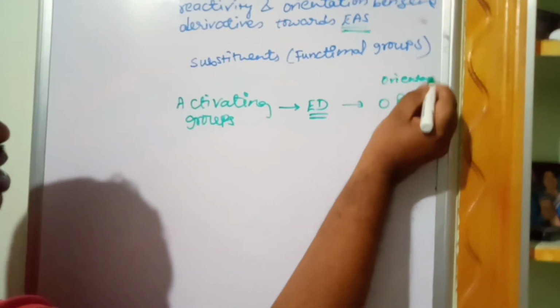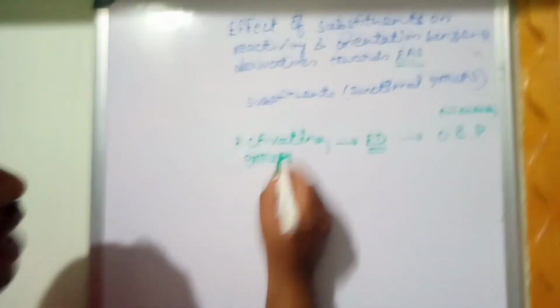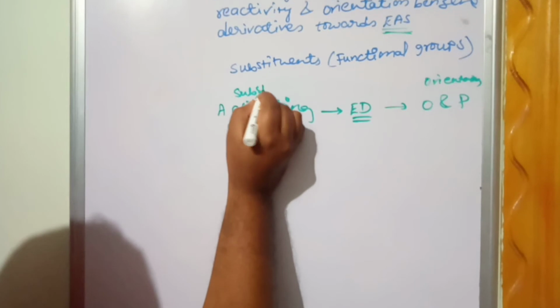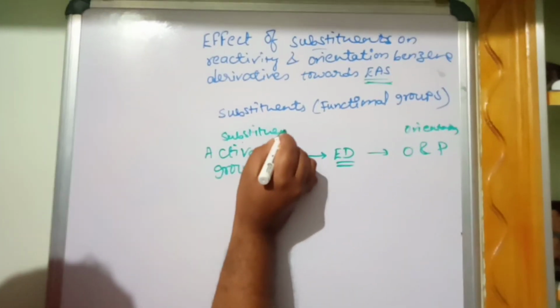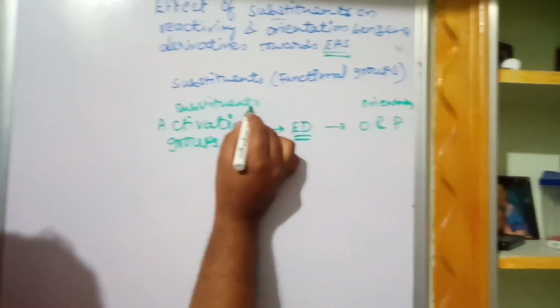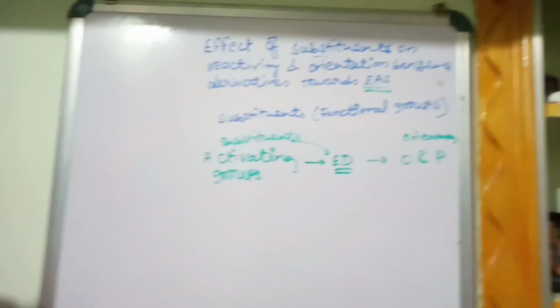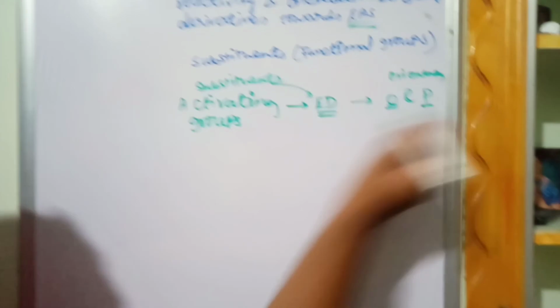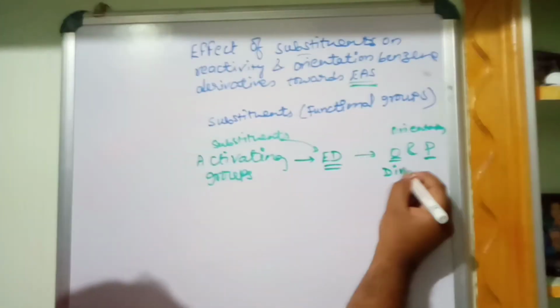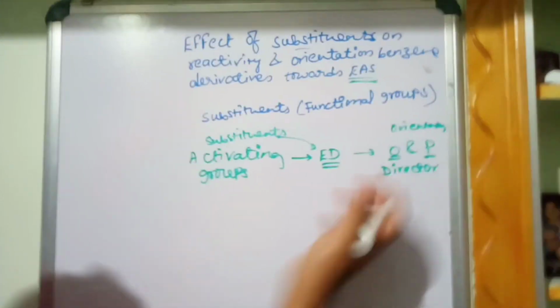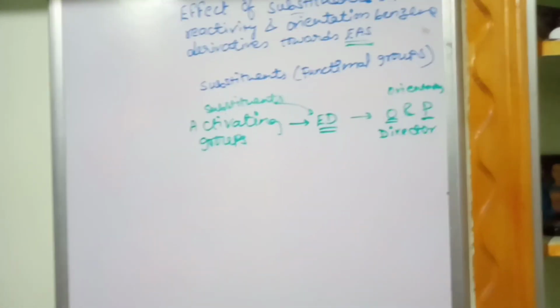These are activating substituents, which are nothing but electron donating groups. They orient at ortho and para positions, so we call them ortho or para directors. What is the meaning of ortho or para director? We will discuss it a little bit later.